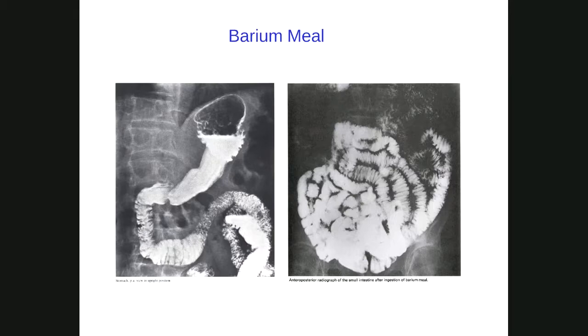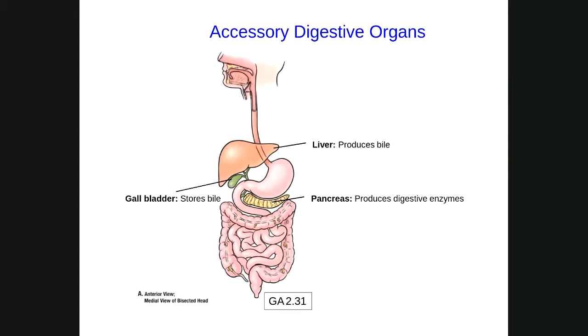So moving on into the accessory digestive organs. As we mentioned before, the accessory digestive organs are organs which are not within the lumen of the gastrointestinal system. And we started with the first one in the oral cavity. That one was the salivary gland, which secretes saliva and starts the process of digestion.